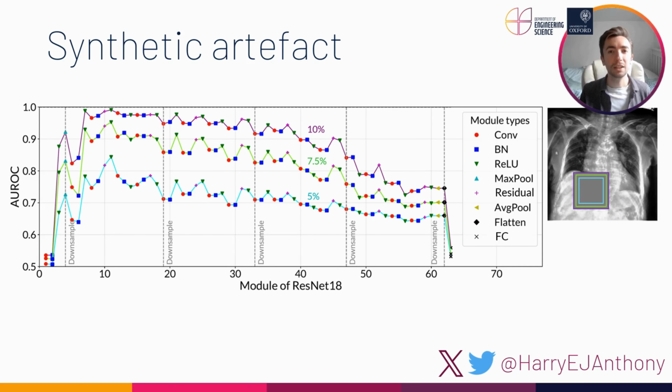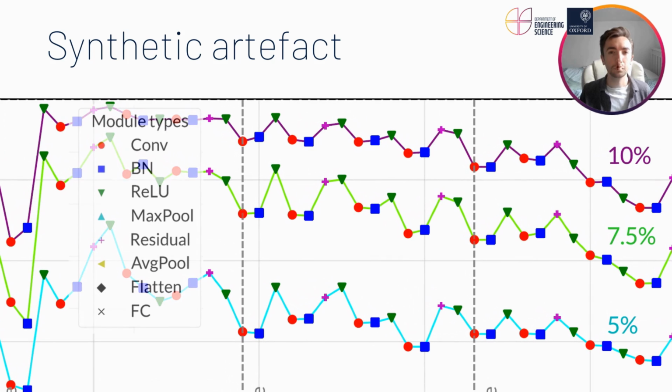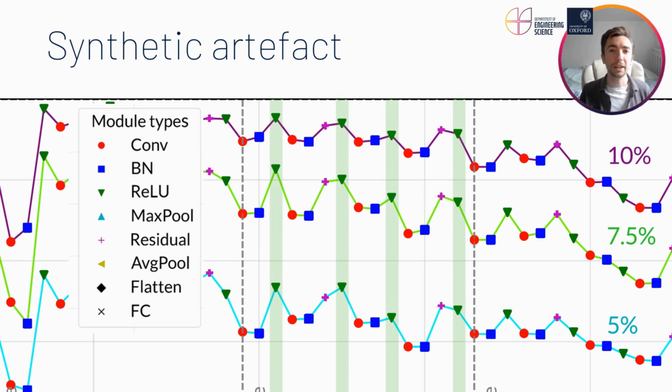Here we see, maybe intuitively, that smaller artifacts are less detectable throughout the depth of the network. Moreover, if we zoom in, we see the pattern that the AUC typically improves after a ReLU operation, highlighted in green, compared to its preceding convolution, which is the red circle, or batch norm, which is the blue square operations.